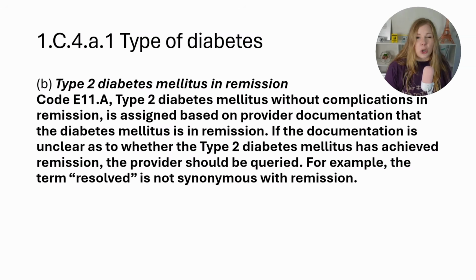If it just says resolved, I would query the provider for clarification. The reasoning was to support accurate long-term tracking, since remission doesn't erase the risk of recurrence. This helps clinicians, payers, and researchers distinguish between who has active disease and who has maybe achieved control of their diabetes.